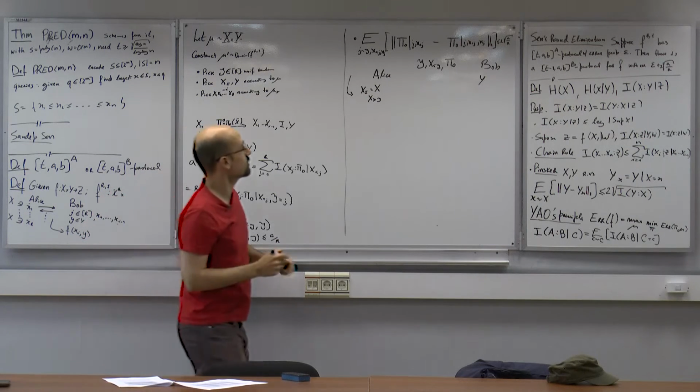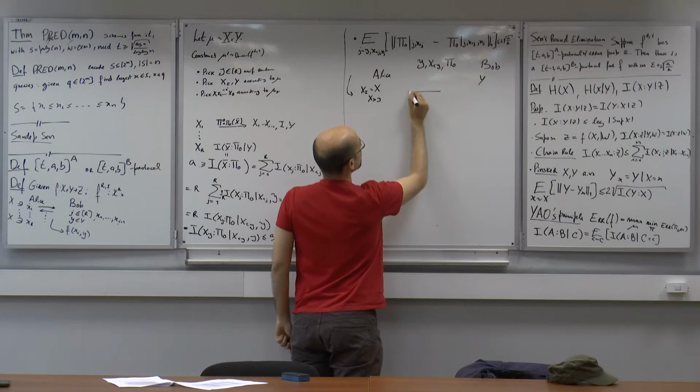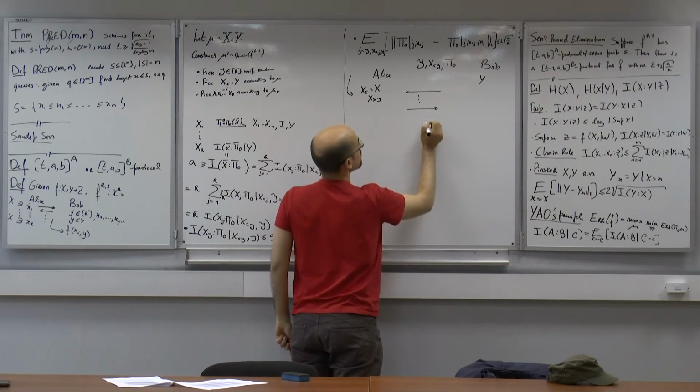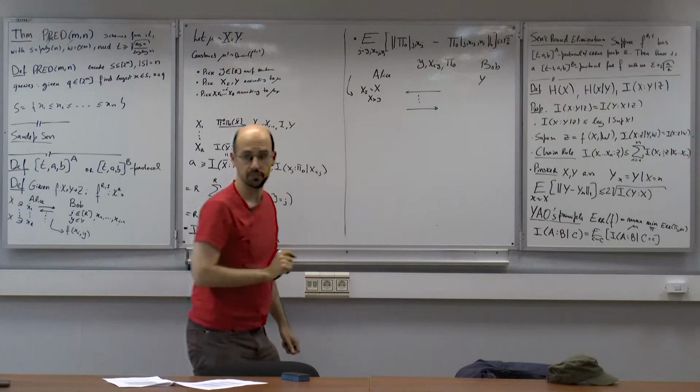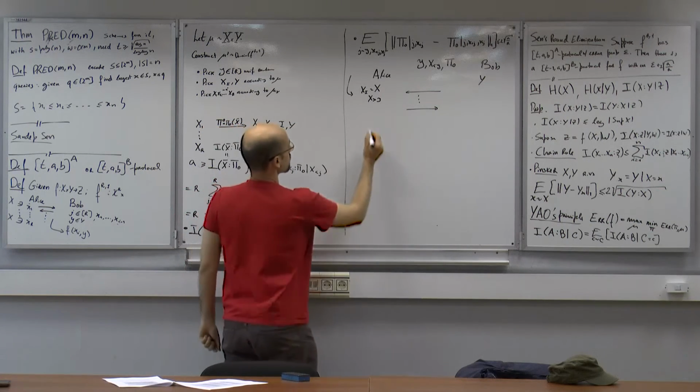And then they run the rest of the protocol as if the first message was pi 0. Okay, so that's what they do. And this is the protocol pi prime.